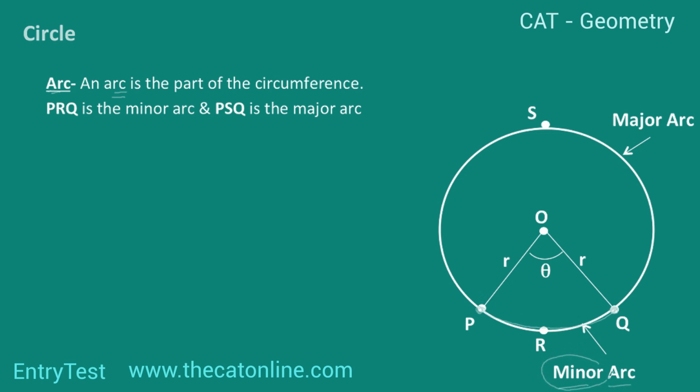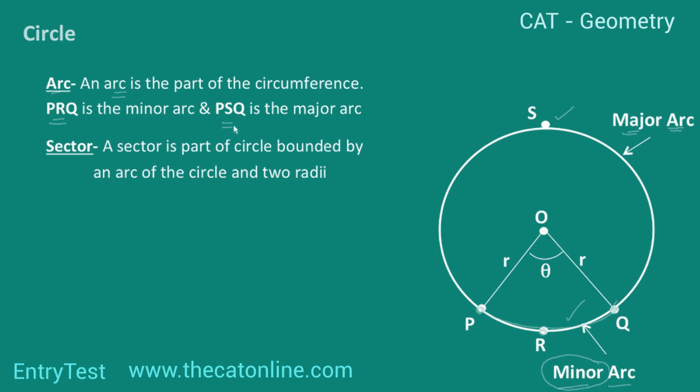Minor refers to the smaller part and the bigger part is referred to as the major arc. We need a minimum of 3 points to understand clearly what an arc is representing. So if I say PQ is an arc, PQ could be a major arc or a minor arc. If I mention a third point, PRQ, I know that I'm referring to a minor arc. Or if I say PSQ, I know I'm referring to a major arc. So PRQ and PSQ are the 2 arcs of this circle.